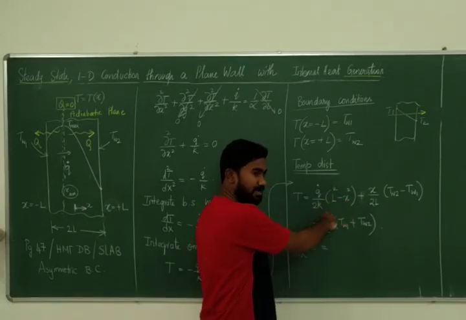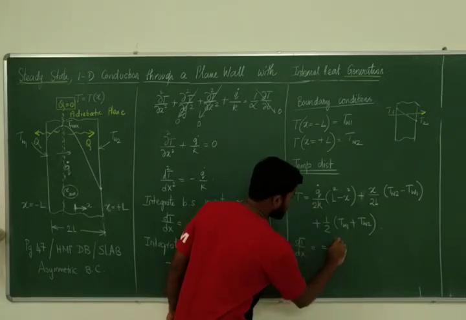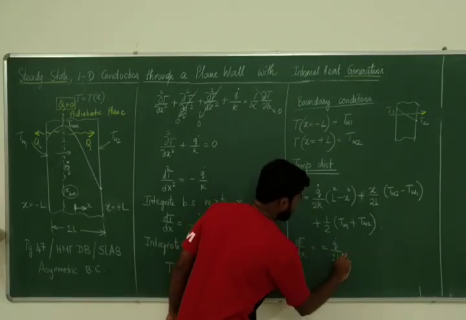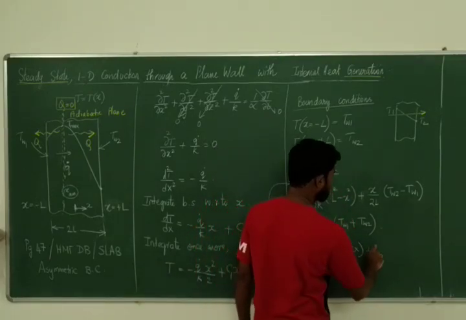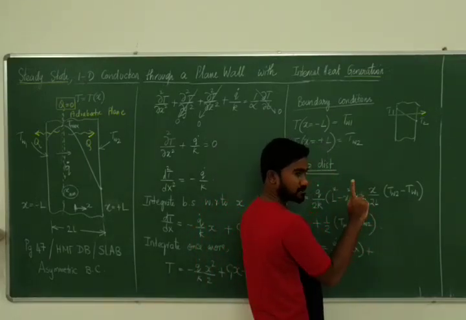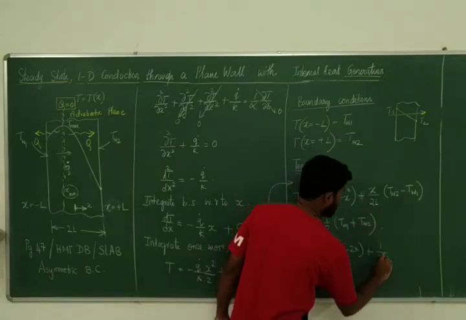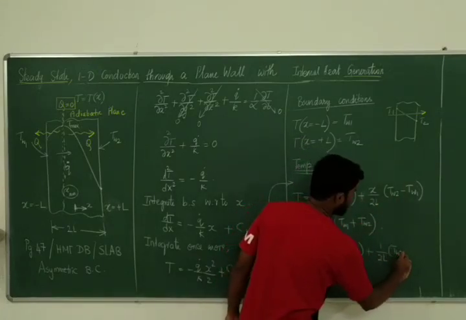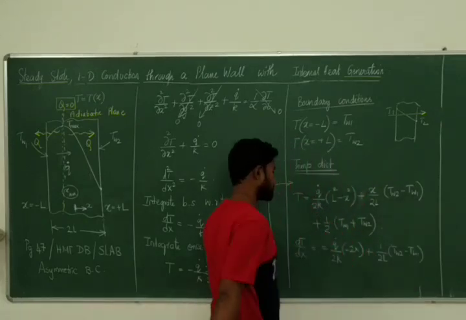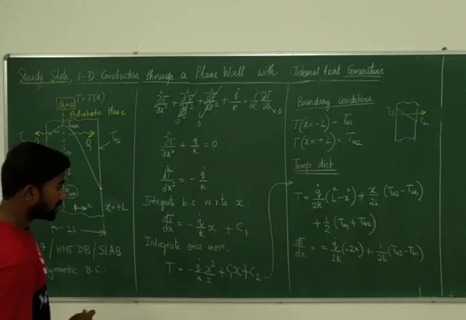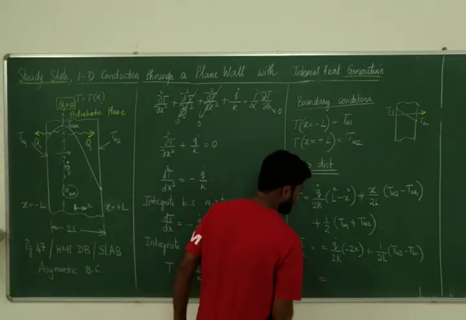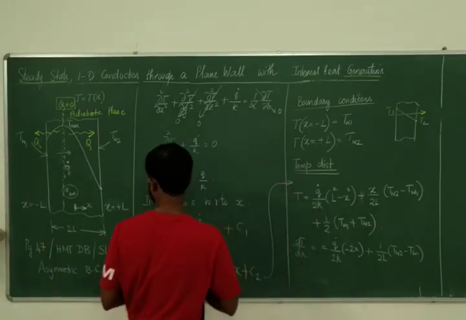Differentiate x squared, it's going to be 2x. So you have q dot by 2k into minus 2x. That's the derivative of the first term. Plus, x derivative is 1, all the others are constant, so (Tw2 minus Tw1) by 2L. So this will be dT by dx. I will rearrange this a little bit. Okay, let's keep it that way.